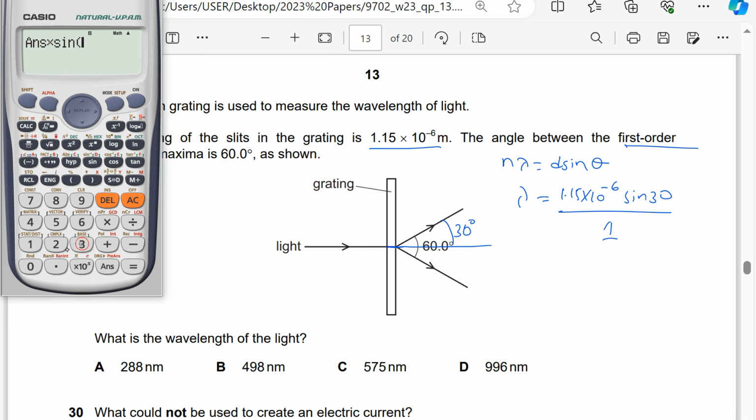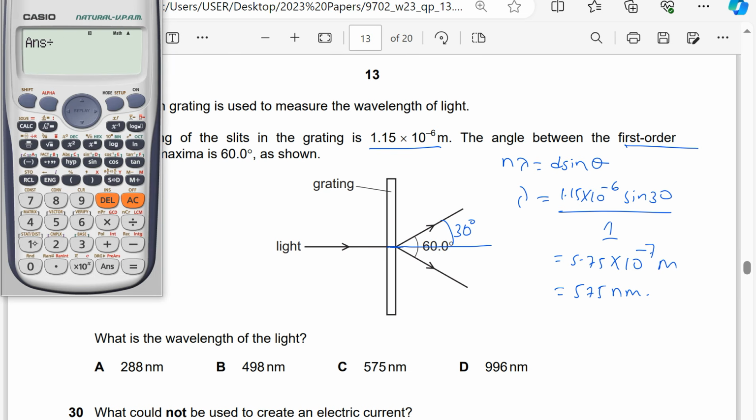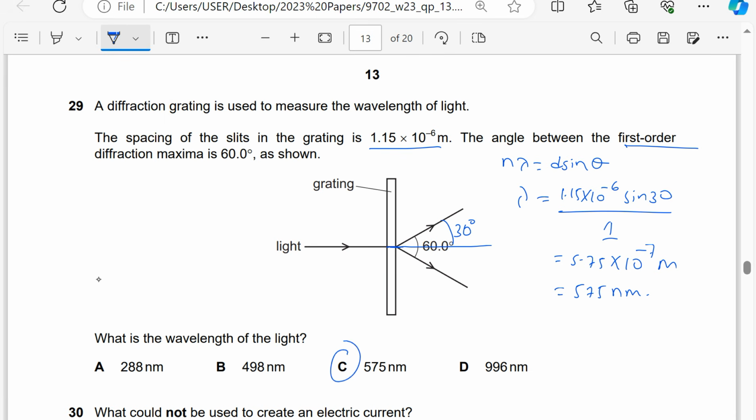So it is 5.75 times 10 to the power of minus 7 meters, which is of course 575 nanometers. You can check, just divide this by 10 to the power of minus 9. It is 575 nanometers. So the answer is going to be C.